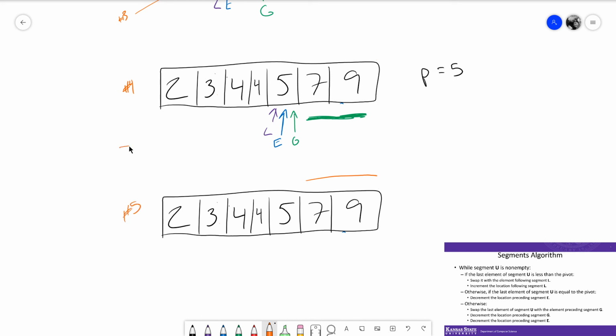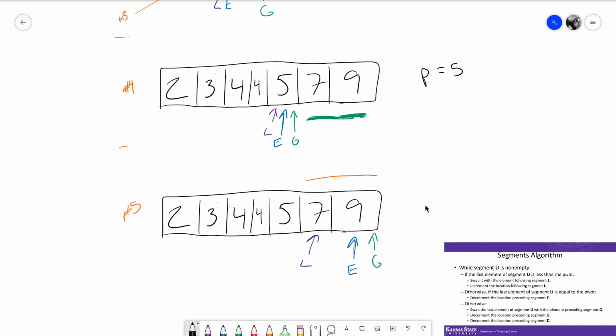So there may be some intermediate steps between here, right? Because there's still a segment, but they're segments of 0 or 1. But we will actually do a full quicksort on 7 and 9. So we still need to select our L. We need to assign our G index and our E index.